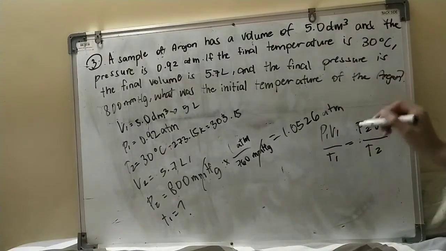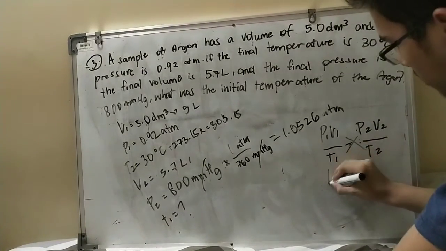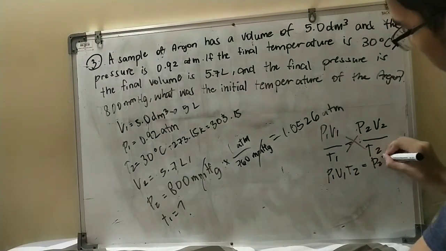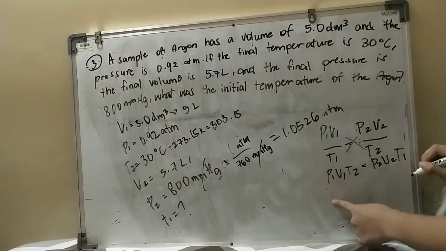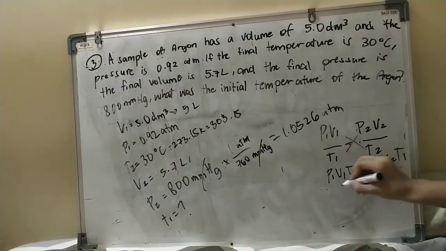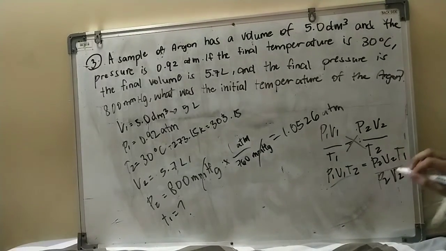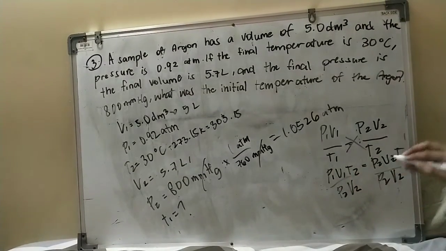Then, since they're fractions, we're going to do the crossover method, the cross multiplying method. P1 V1 T2 goes to P2 V2 T1. Then we're looking for initial temperature. So we need to divide it again by P2 V2 in order to have only temperature on this side, and to get rid of this P2.